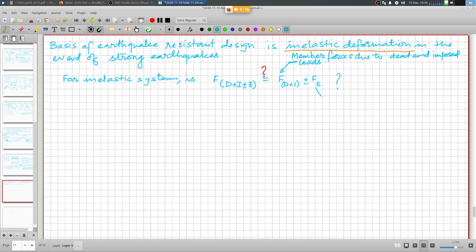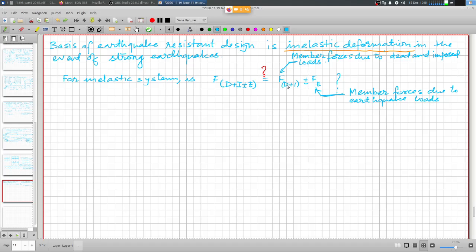And this is member forces due to earthquake loads, right?